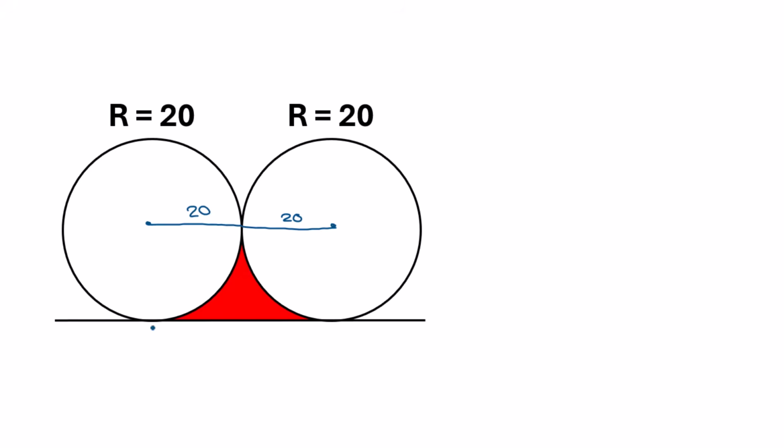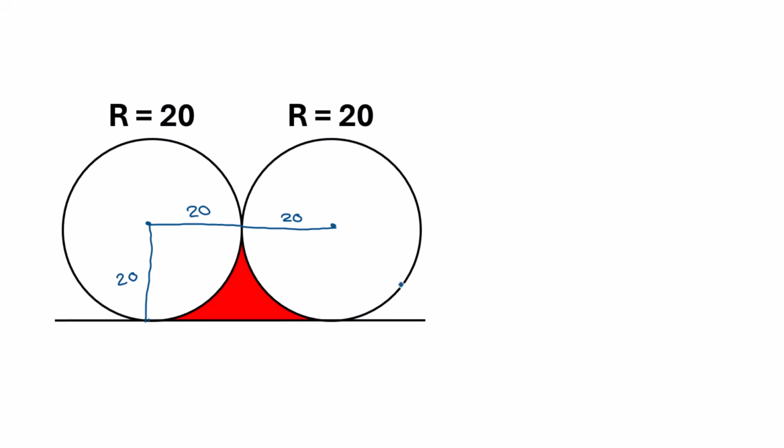Now, from the common point of this circle and this line, the distance between this center and this common point will also be 20, because this is the radius of the left circle.